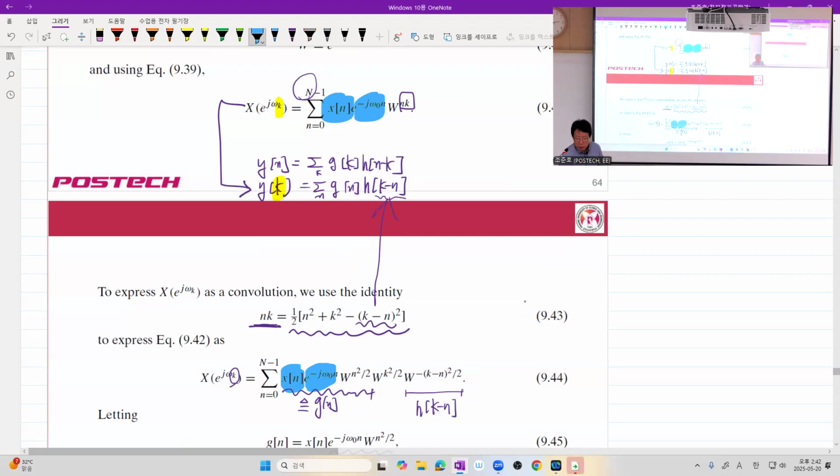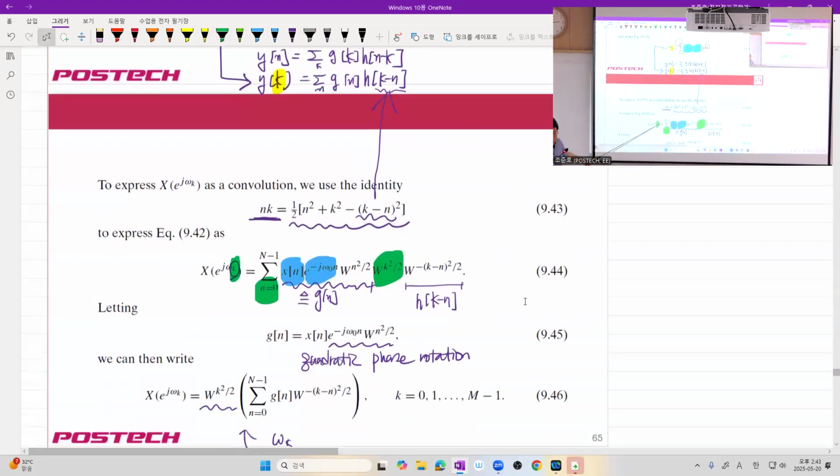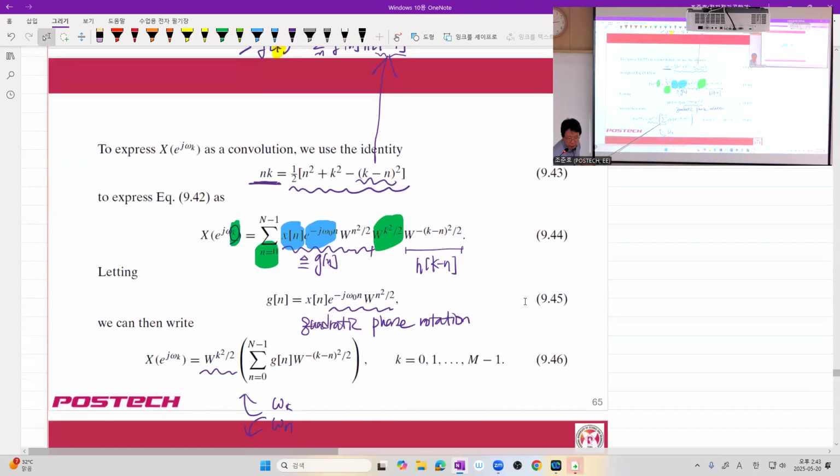Why? Because see that the summation is over the variable n. So this one is just related to this index k, so can be taken out of the summation. That's why you have this one, when still you have the index k.